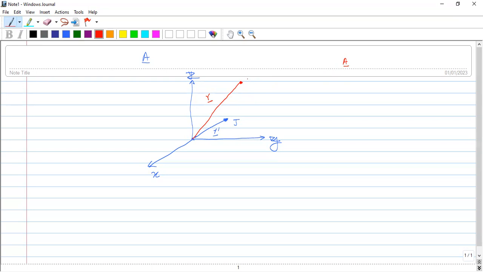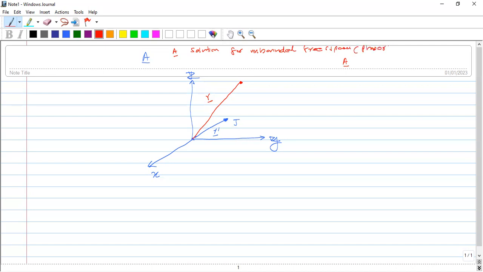The solution is for unbounded free space. This is actually the A bar solution for unbounded free space, and it is in phasor domain.